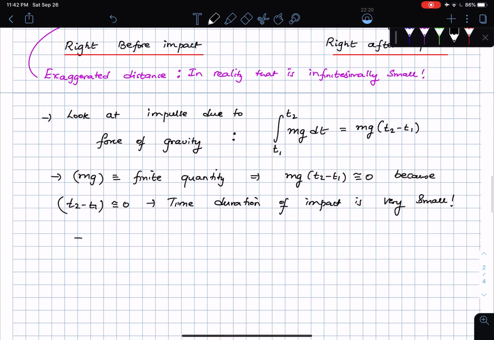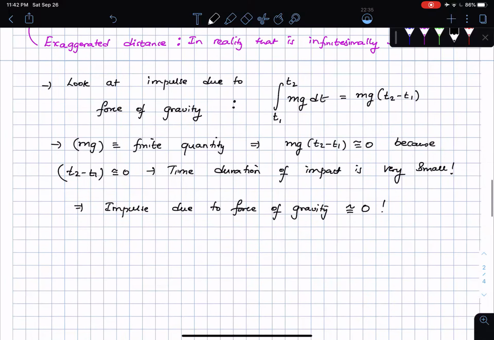So the impulse due to the force of gravity is approximately 0.